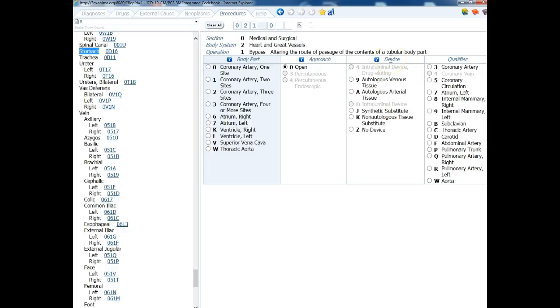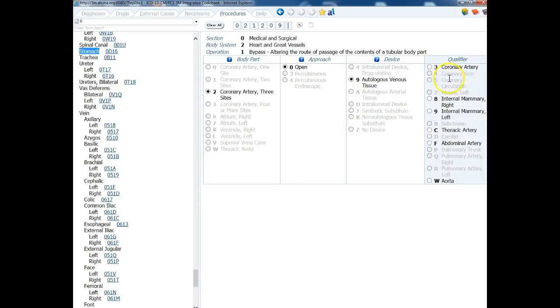As long as the device is the same for all of the arteries, you can add them together. So if I'm using autologous venous tissue, which is the saphenous vein out of the leg, and I use that saphenous vein to bypass 3 coronary arteries, I can pick number 2. And then I can say it was open, arterial venous tissue, and I can say that it originated in the coronary artery, and this would be my code.